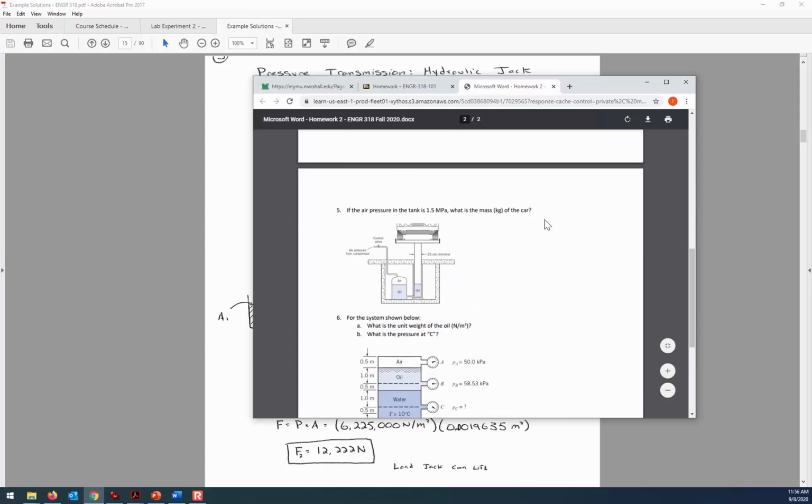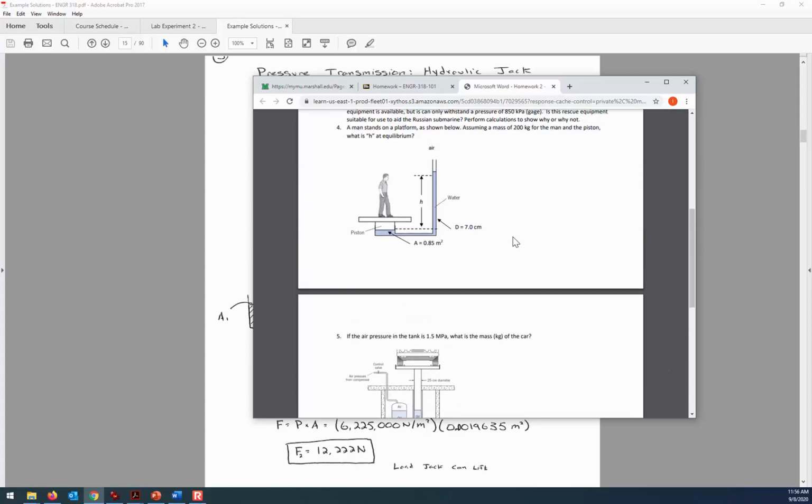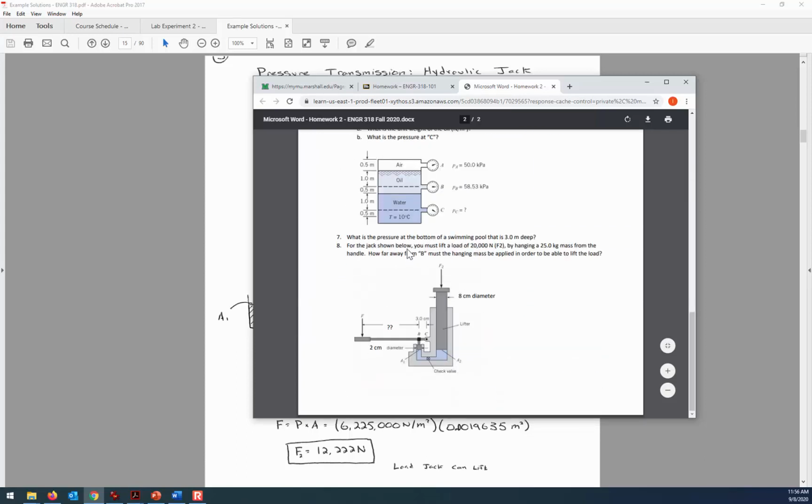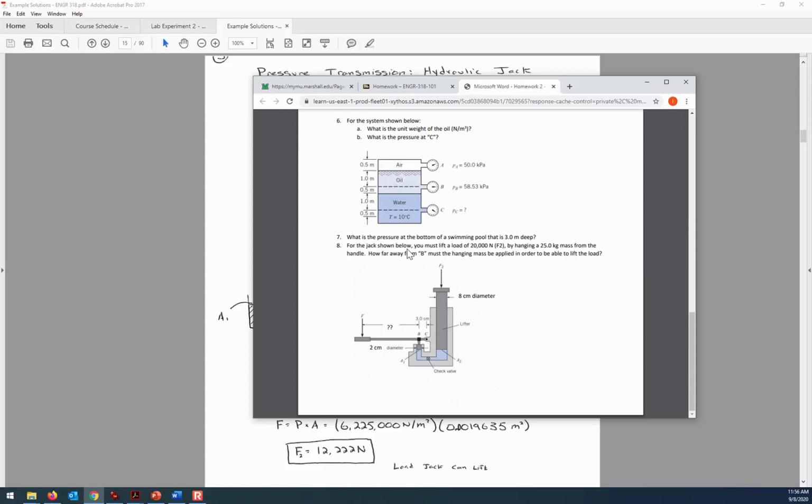Okay, we've got another jack problem. That's right like the example, isn't it? This one though, the guy standing on the platform, you haven't seen that exact setup before. I won't spoil it for you, but then there's another jack, and it's describing a mass that's hanging from the handle.